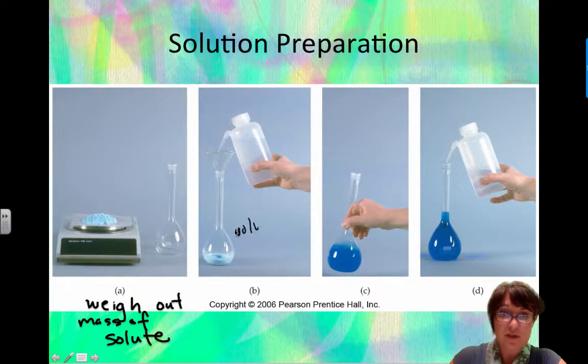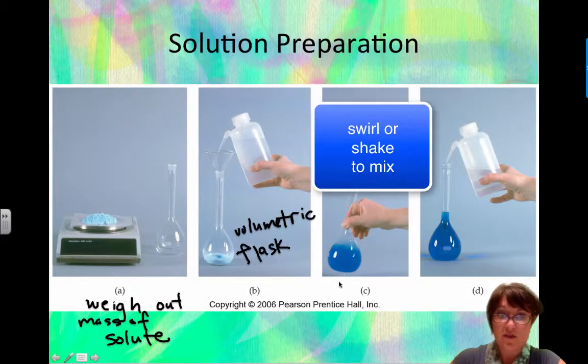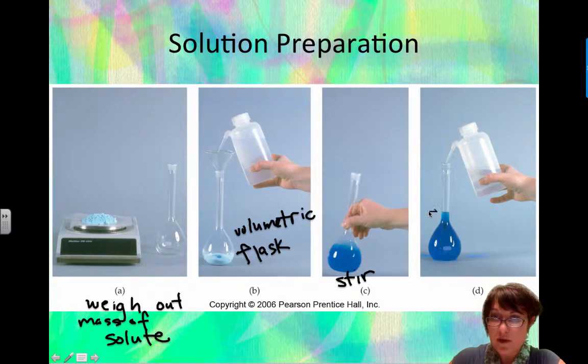This is a volumetric flask. Put some water in first and then stir to get it all to dissolve. And then there's going to be a mark on the neck of that bottle where you fill the water to that mark and fill it exactly to that mark. Don't go past.